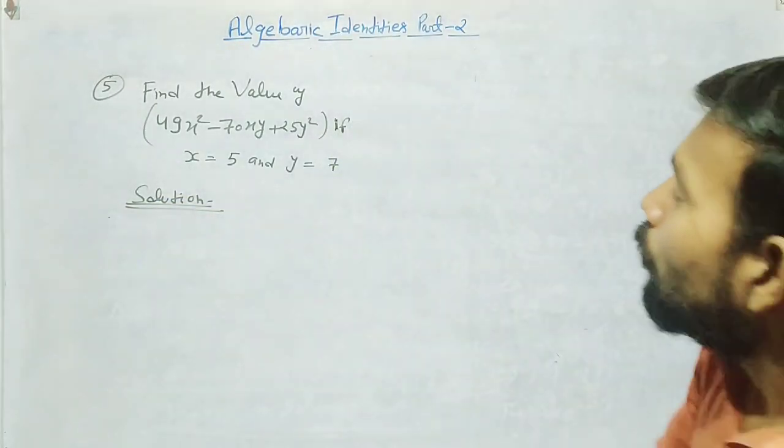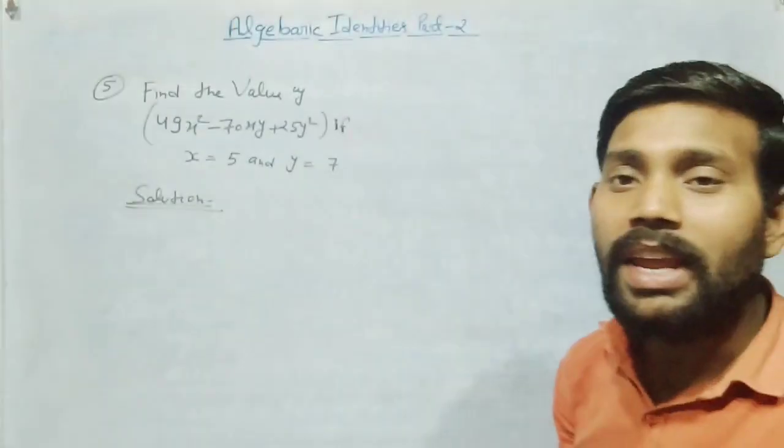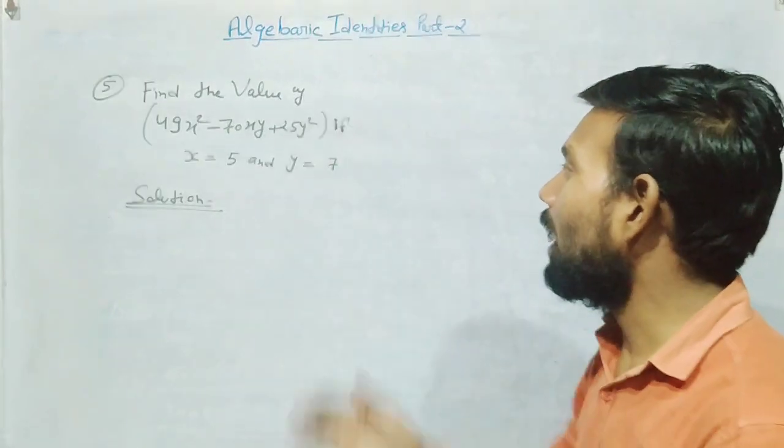The question is, find the value of 49x square minus 70xy plus 25y square if x is equal to 5 and y is equal to 7.